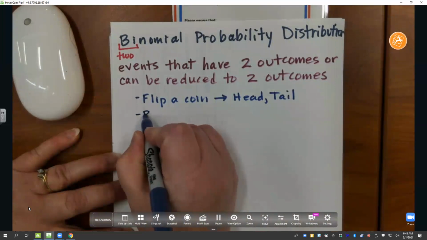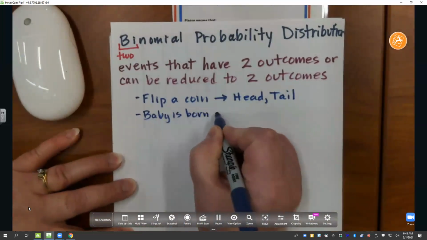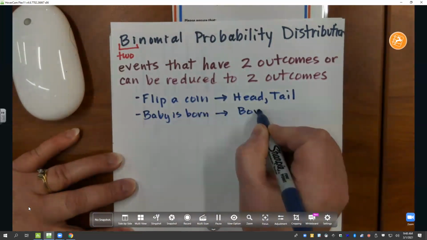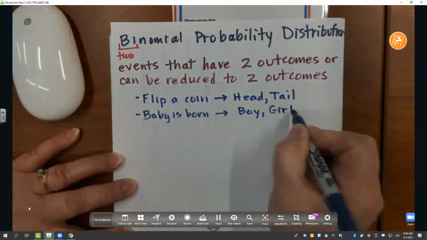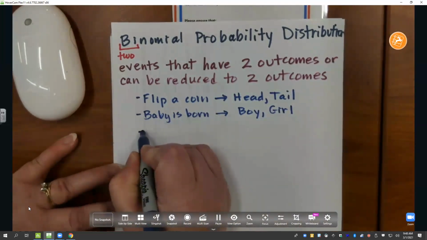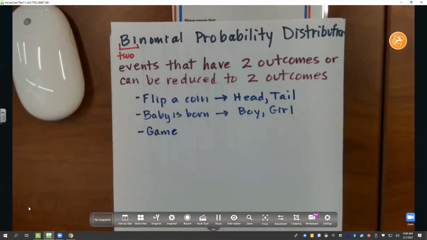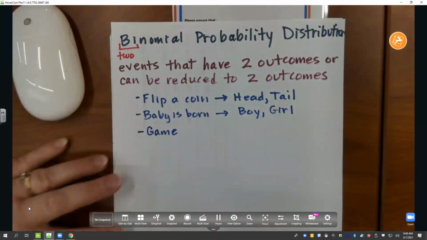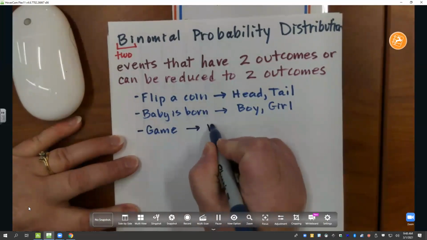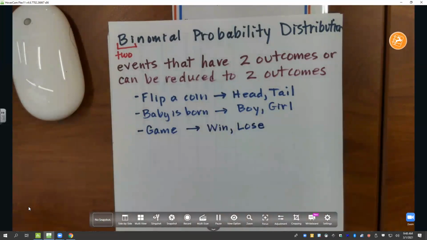When a baby is born, biologically, that baby is either going to be a boy or a girl. Again, two outcomes. In any kind of game or sport, whether it's a board game or an athletic event like basketball, baseball, soccer, whatever, somebody's going to win and somebody's going to lose. Again, two events.